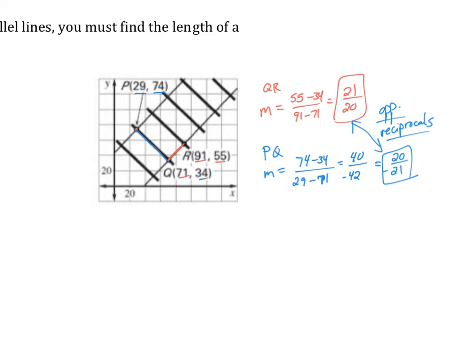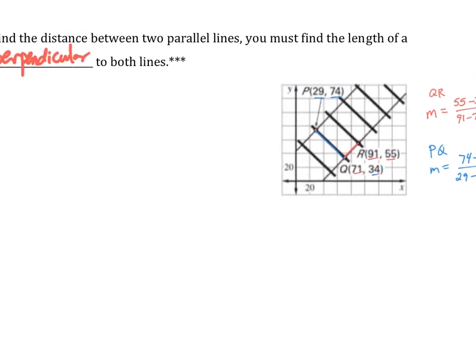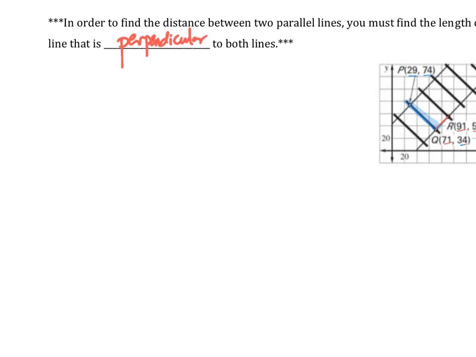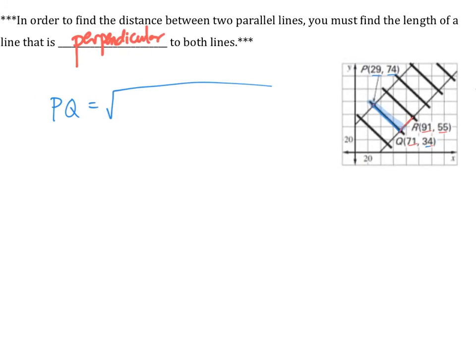So once you verify they're perpendicular, now we got to do the distance formula. So we're going to do the distance formula for this line right here to see how far apart the tracks are. So the distance from P to Q is the square root of the x's when you subtract them, which are 71 and 29.